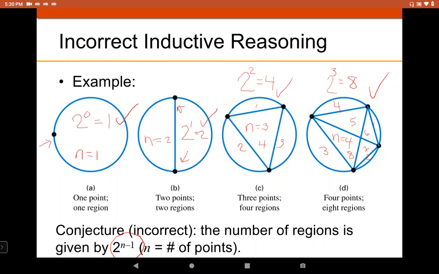But we just saw that we got 11 regions in the next image, and we should have gotten 16 according to the conjecture. So getting one example where the conjecture is wrong is called a counterexample, and that proves that the conjecture is false, not true all the time.